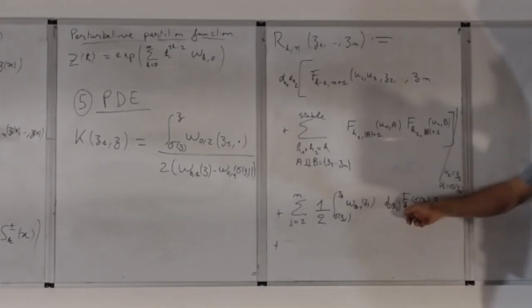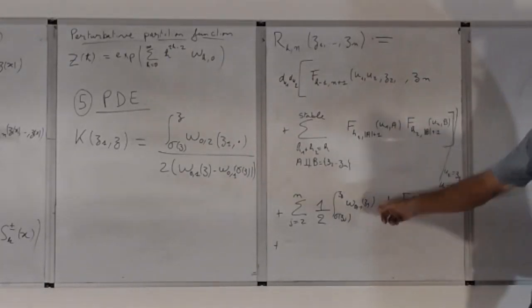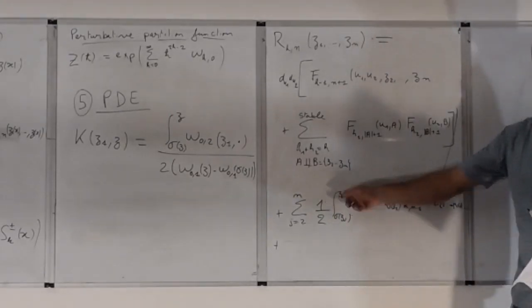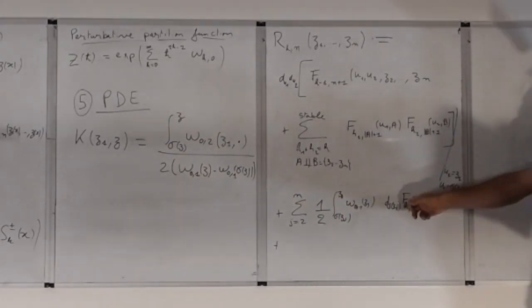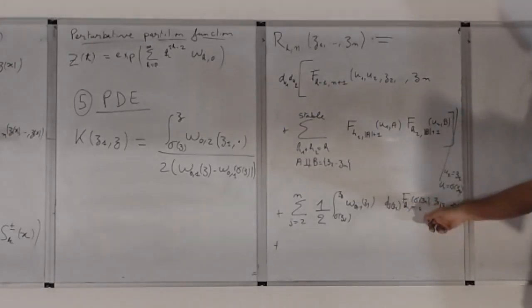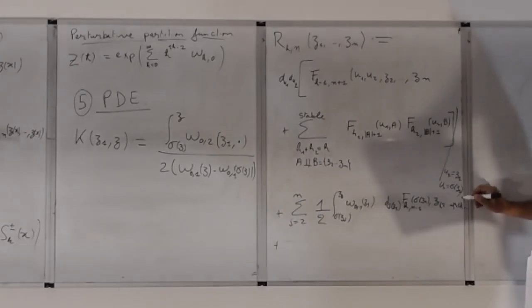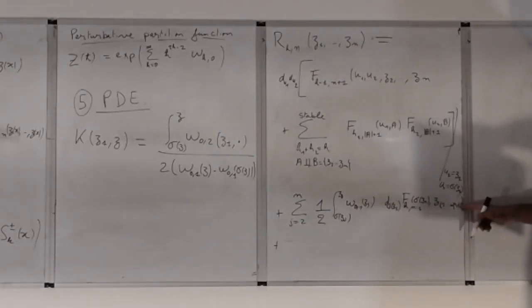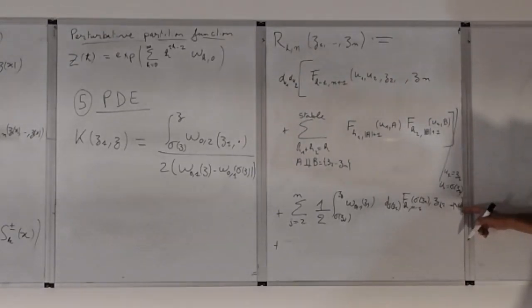It should be F_{h,n-1}. But since A here is chosen to be zj, you've got to remove zj from the set z2 to zn. So F_{h,n-1} has n minus 1 variables. The first one is sigma of z1. And what is remaining is z2 up to zn, where I remove zj. Is it clear?